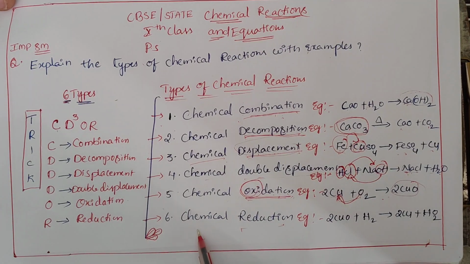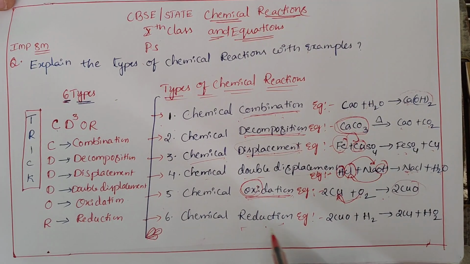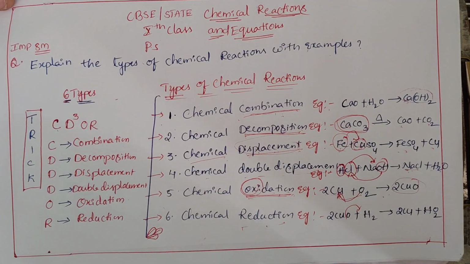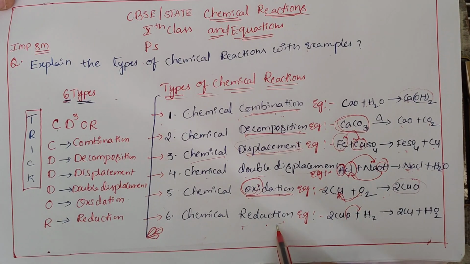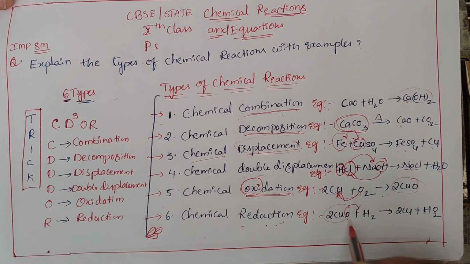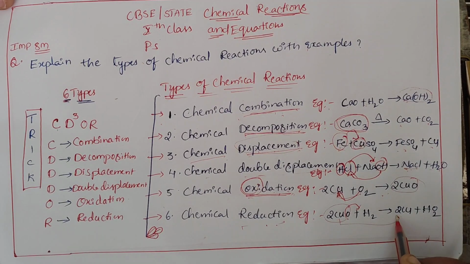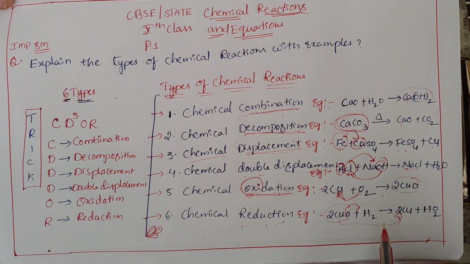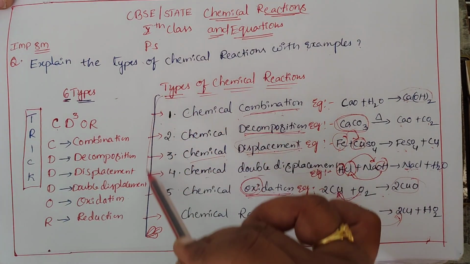And the next type is chemical reduction reaction. Removal of oxygen is called chemical reduction reaction. From CuO we are removing oxygen. So removing oxygen is called chemical reduction reaction.